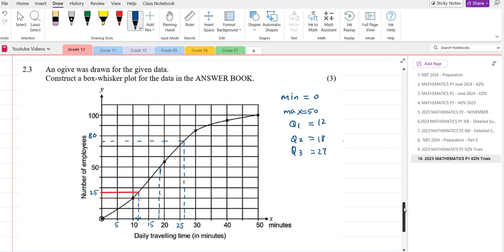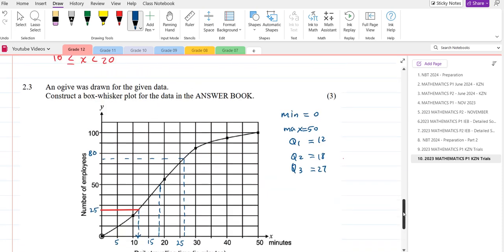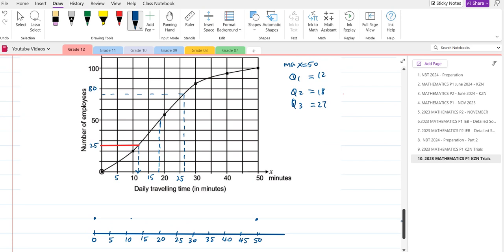My Q1 is 12, so 12 is somewhere around here. My Q2 is 18, and my Q3 is at 27, somewhere around there.